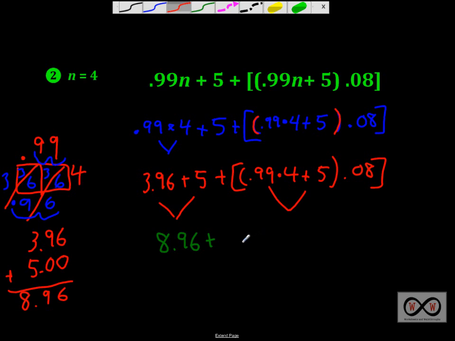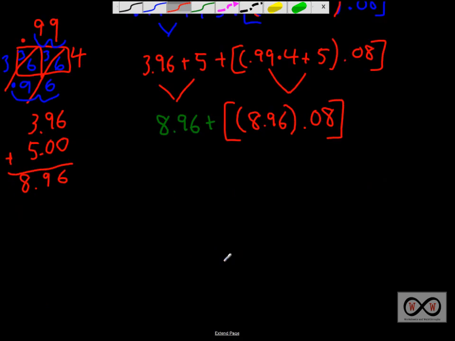So this also will equal $8.96 times 8% tax. So we'll do that. Multiply these two. We've got $8.96.